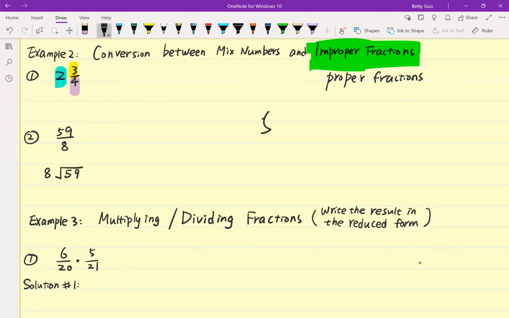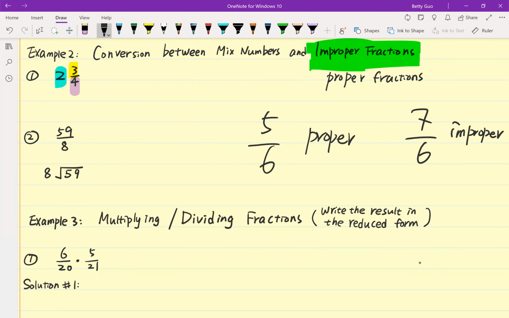If we have 5 over 6, in this fraction, the numerator is smaller than the denominator, then that fraction is proper. If we have a fraction where the top is bigger than the bottom, like 7 over 6, the numerator is bigger than the denominator, then we say this kind of fraction is improper. That's the definition for proper and improper.